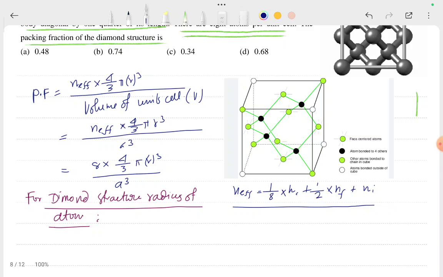Just focus on this face. This is the first near atom, actually. I am trying to calculate this distance.